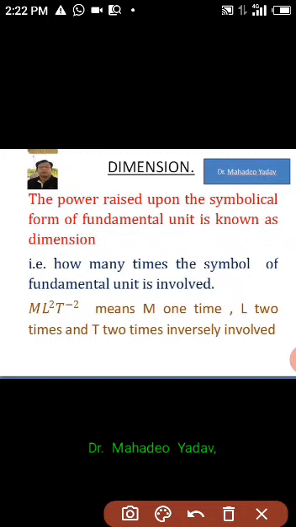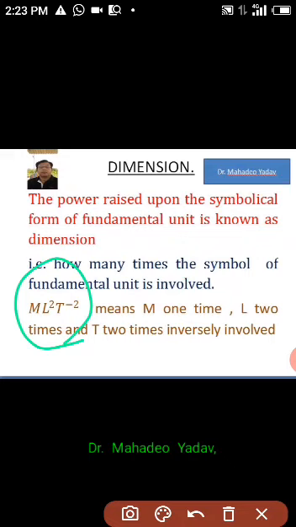When we write the unit of any physical quantity, here dimension says how many times of the fundamental unit is associated with the physical thing like velocity, acceleration, force, etc. Therefore, we see the dimension of energy is M L squared T inverse 2.